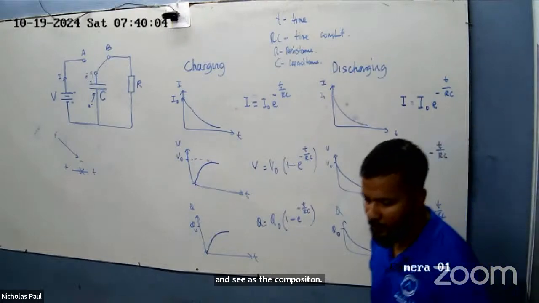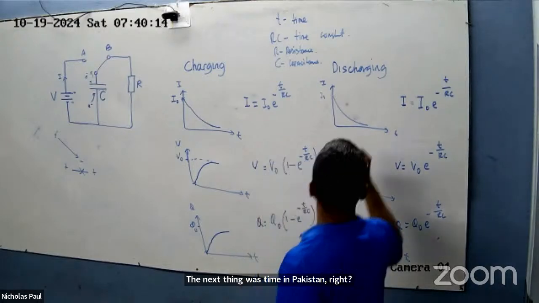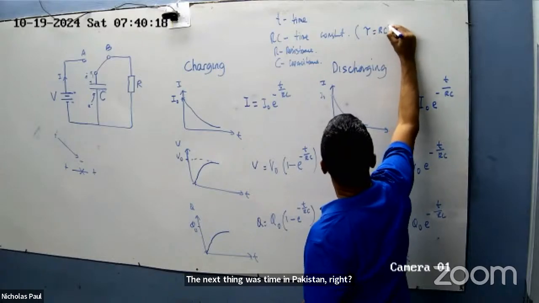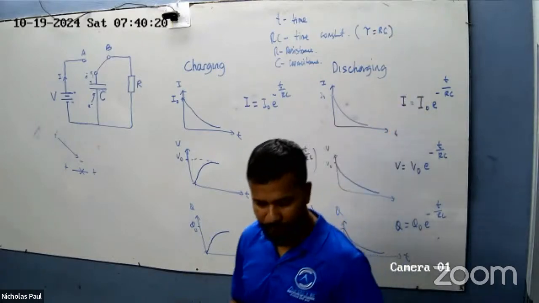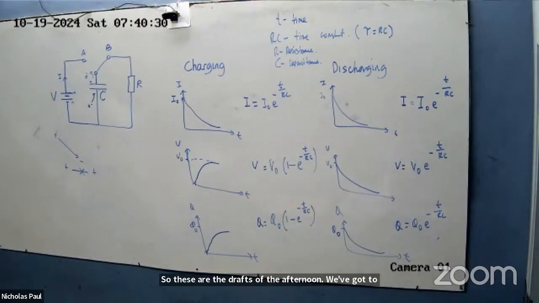I'm going to explain what the time constant is. So these are the graphs that we have to know. We have to be able to explain the graphs.